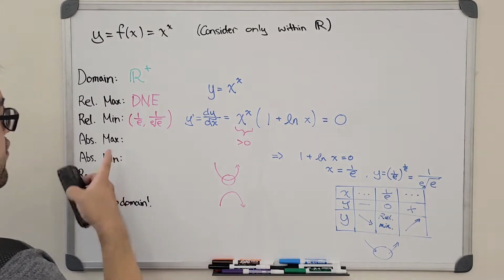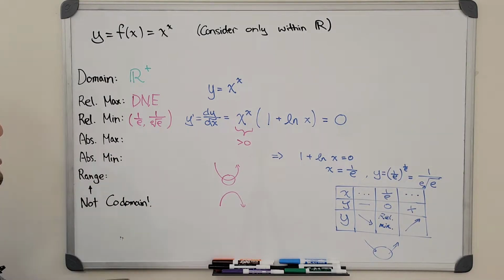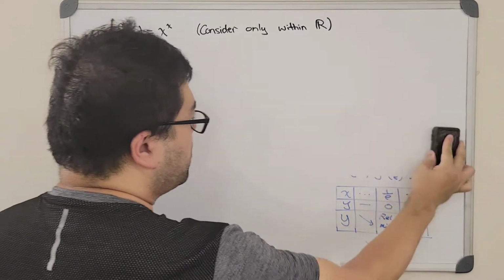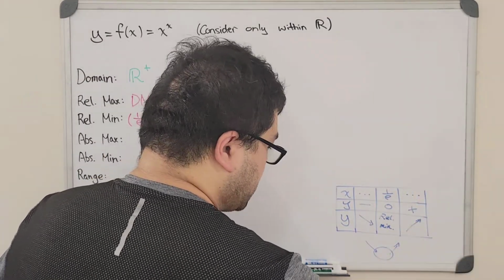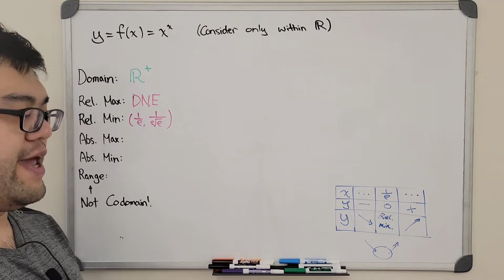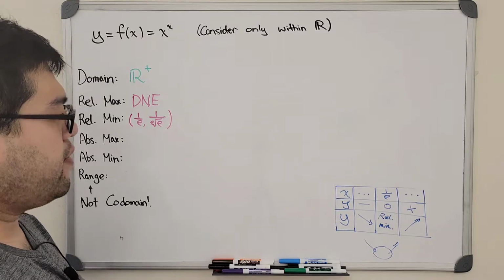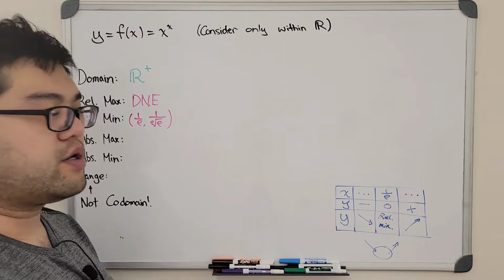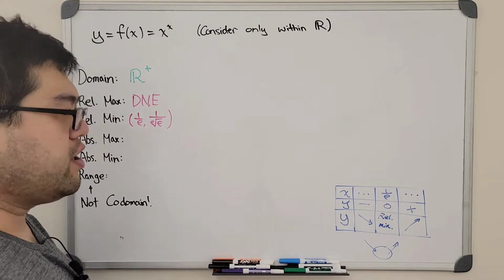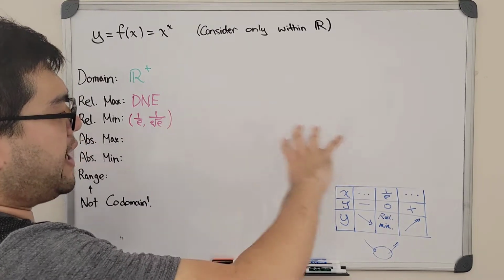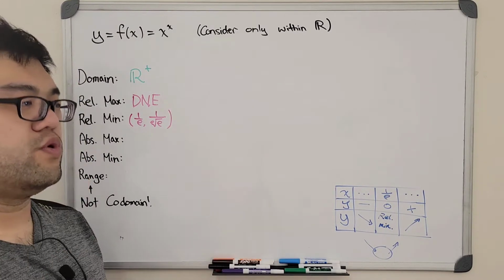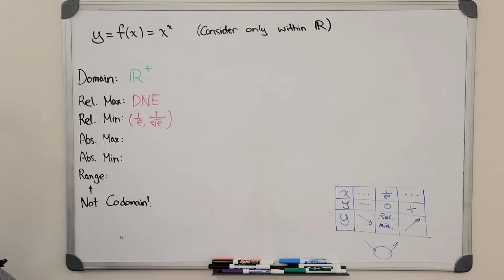Now we're going to move on to the next two, the absolute maximum and absolute minimum, also known as the global maximum and global minimum. Because now when we look at the graph of the function, we're looking at the entire graph, meaning that we're no longer looking at a partial region of the function. We're going to compare all the x's in the domain to determine where the highest point or the lowest point in the graph is.